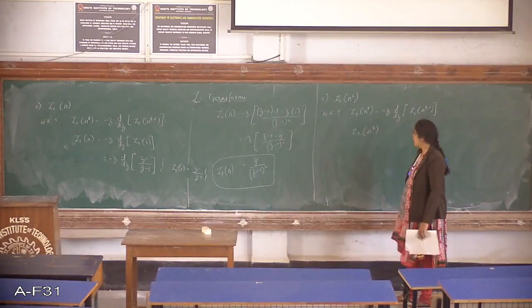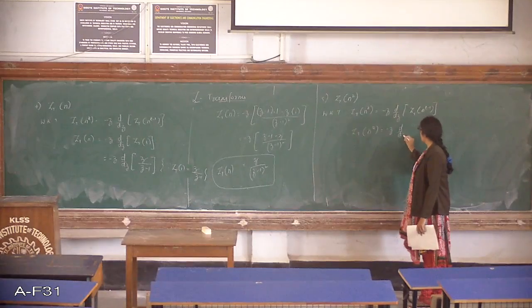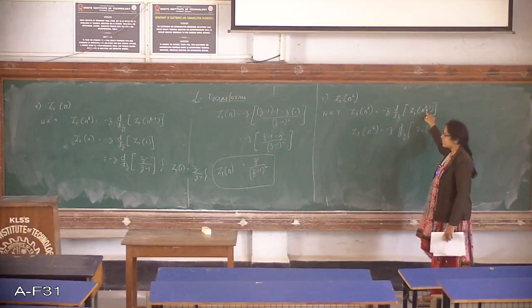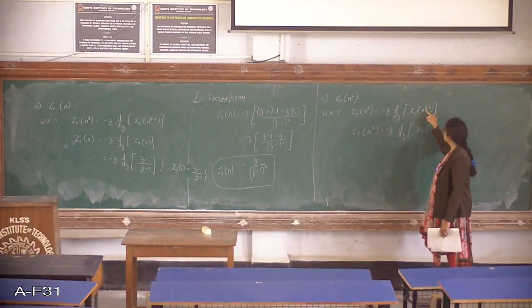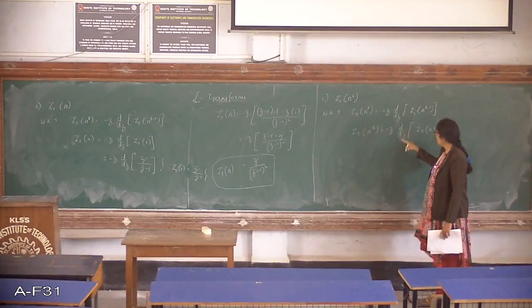Remember, k is taking the value 2, so this is minus z d by dz of z transform of n raised to k. K is taking the value 2, so n raised to 2 minus 1 is n raised to 1, which is n. So we have minus z d by dz of z transform of n.